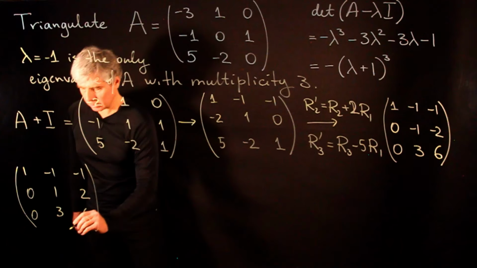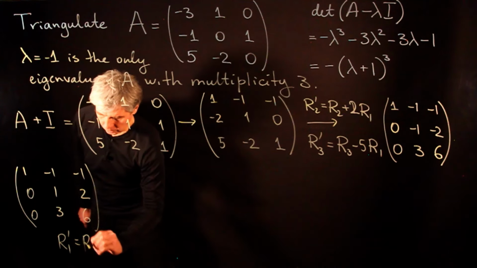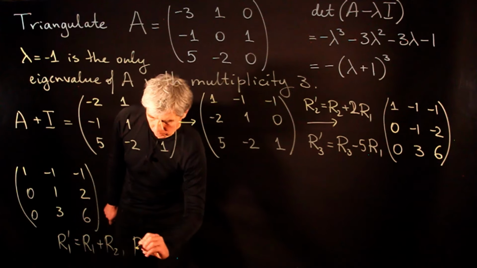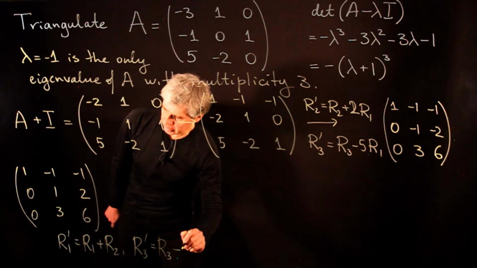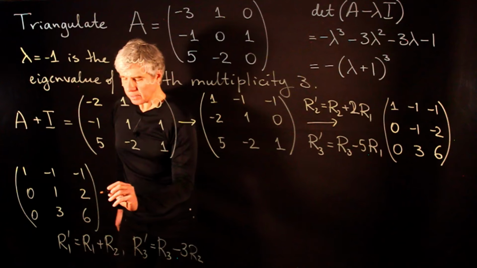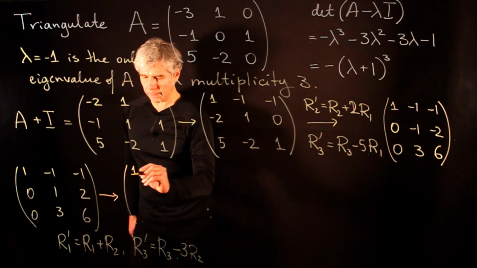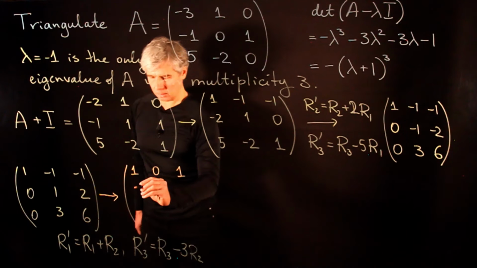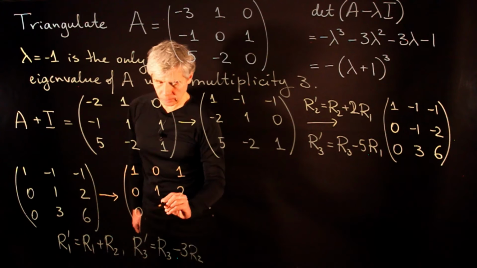And next we say that new row 1 is row 1 plus row 2, and new row 3 is row 3 minus 3 row 2. And this will give us the reduced row echelon form, which is 1, 0, 1; 0, 1, 2; and 0, 0, 0.